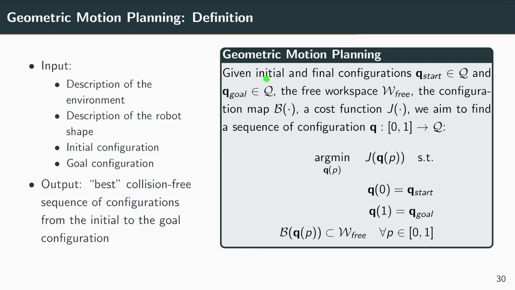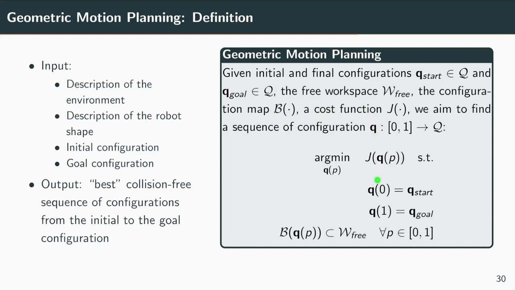So we start with the precondition. Given some initial configuration, which we call Q start and Q goal, both elements of our configuration space, and some definition of the free workspace and our configuration map, and some cost function that tells us how good or bad our solution is, we try to find the sequence of configurations.